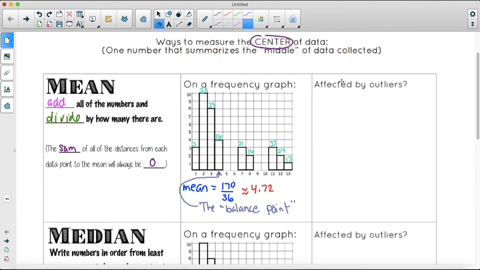Now, is the mean affected by outliers? Outliers are values that lie outside of the norm, so they could pull the mean up or pull it down. It's data that's not in the general area of where all the rest of the data is.